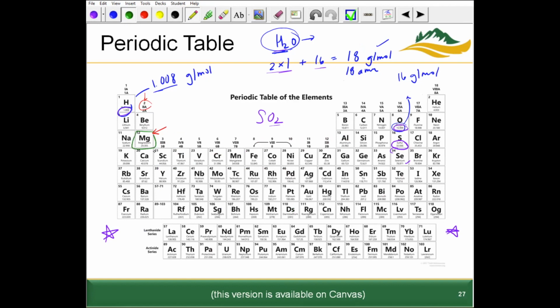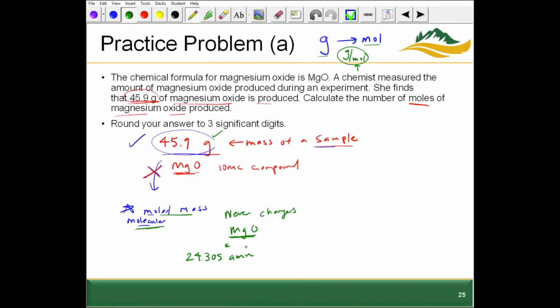Magnesium has an atomic mass of 24.305 AMU. So 24.305 AMU, or the same thing as grams per mole. Oxygen, we've seen before, that's about 15.99 or 16 AMU or grams per mole.